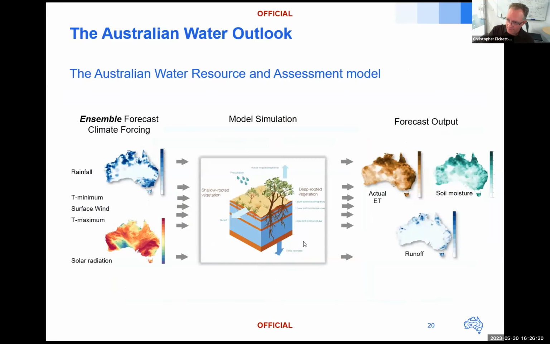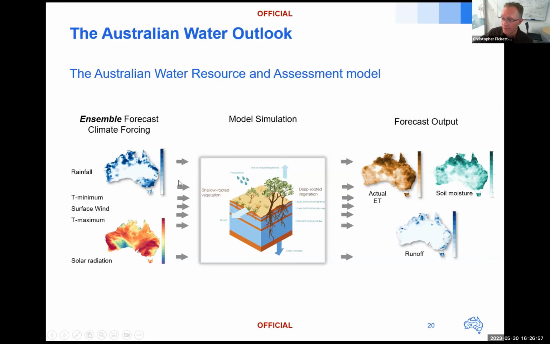If we replace the input forcing, and instead of using climate grids we use grids from a seasonal climate forecast model, so instead of using observed, or gridded, rainfall, we're using a seasonal forecast of rainfall, temperature, solar radiation, and surface wind, we can use these as input in the land surface model.